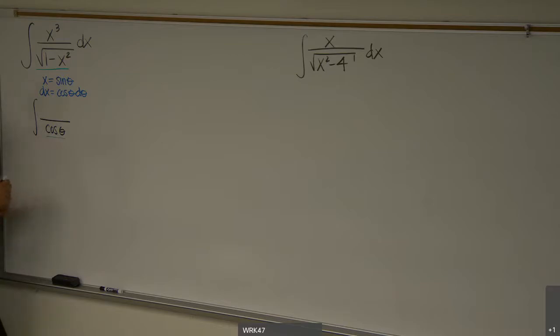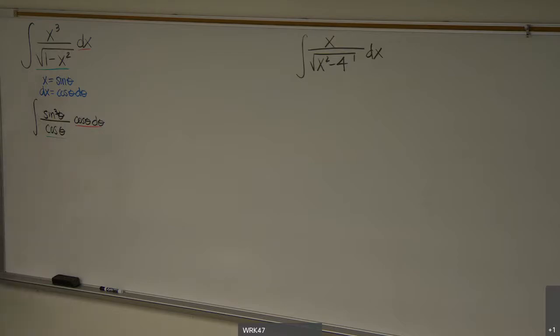Our differential also needs to get replaced and become cosine of theta d theta. That's my dx replacement that needs to happen. And in this case, I threw an x cubed in the numerator. Well, that's okay, right? Everywhere I've seen x, it gets replaced by sine. And so now in the numerator, it's sine cubed theta. That's okay.